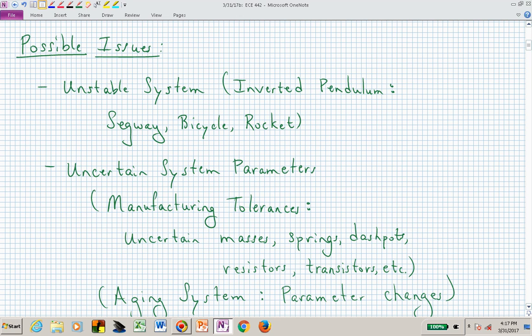We want to design a system that, in the face of those uncertainties, still performs accurately and consistently the way that we want it to behave.